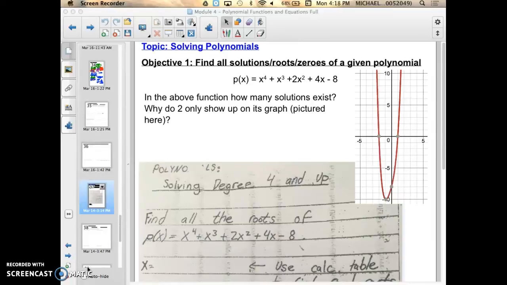So, the first step in this process, and again, please be aware that this process to find all solutions of polynomials of degree 4 and up, usually degree 4 and up, will call upon the knowledge you've gained from the fundamental theorem of algebra, the remainder theorem of algebra, and the factor theorem of algebra.